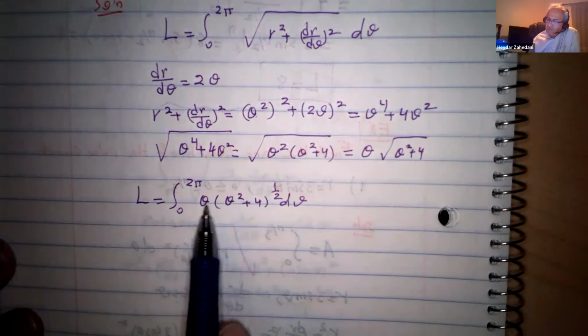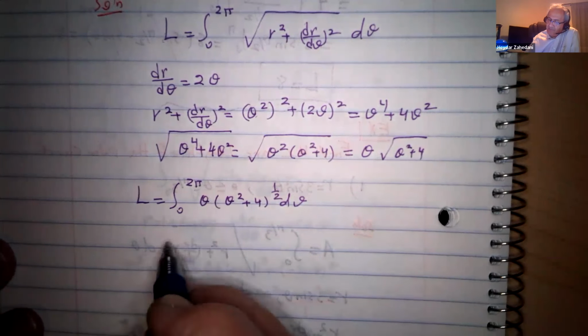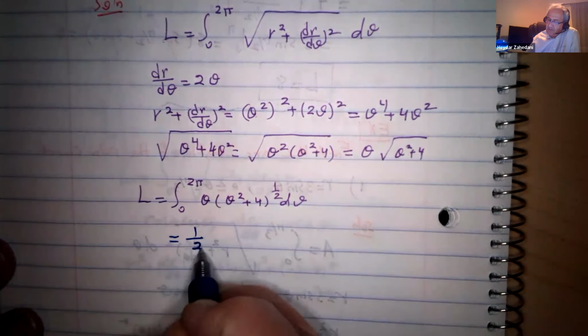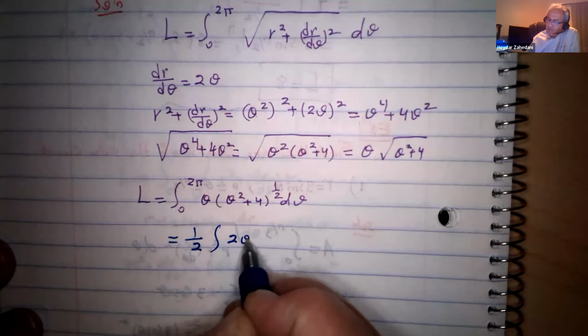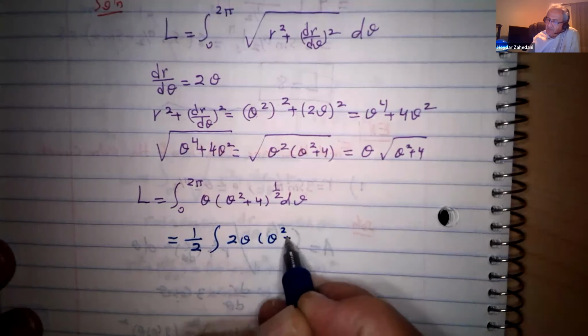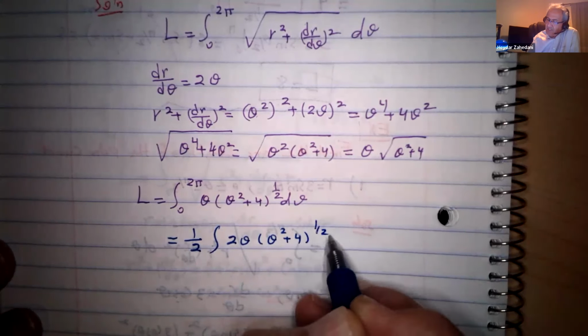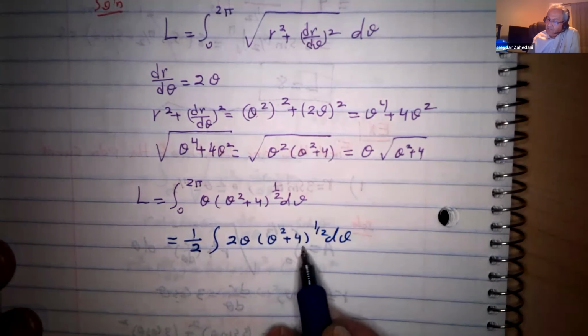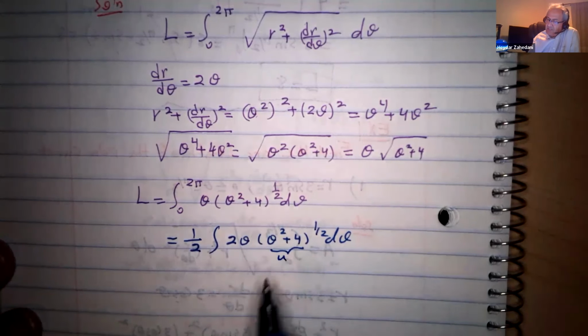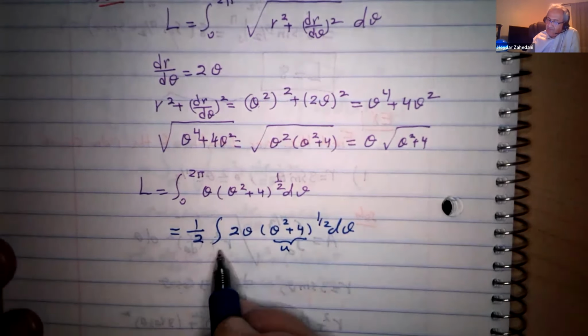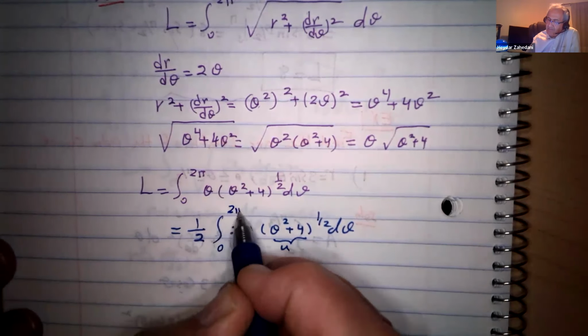Substitution, you see the derivative would be 2. You need a 2 here. So I do the shortcut. So that's going to be 2 theta, and that's theta squared plus 4 to the half d theta. So that's it. This is the u, and the rest is du, from 0 to 2 pi.